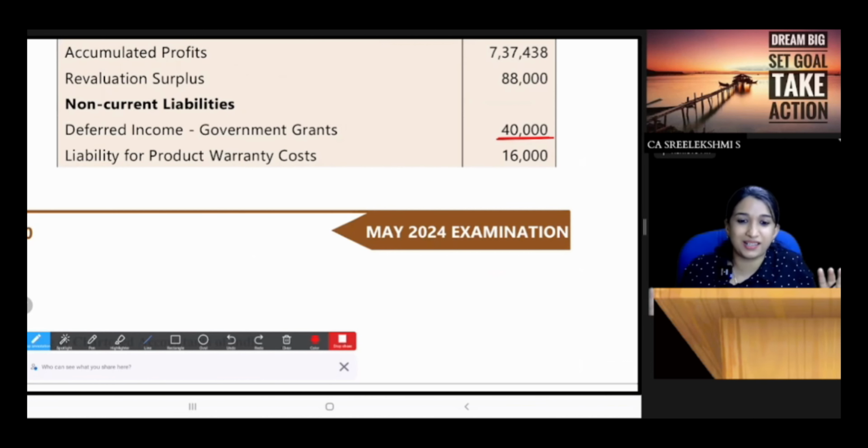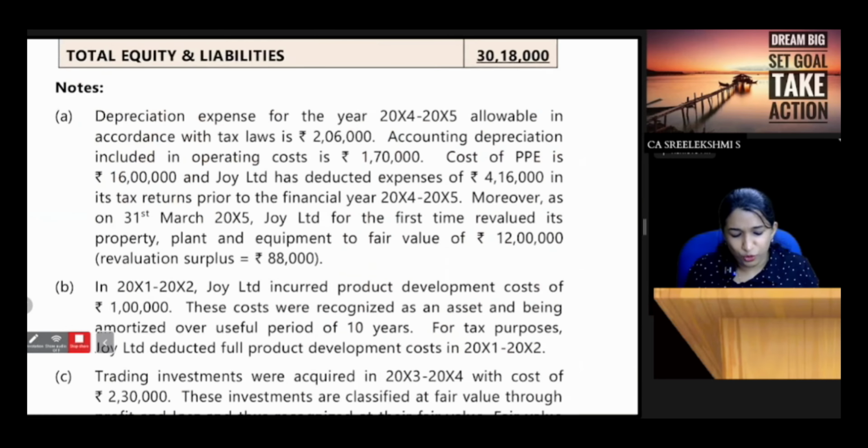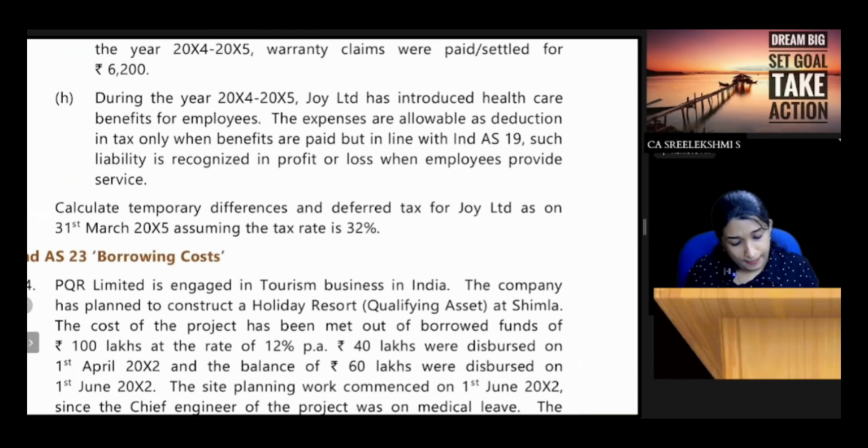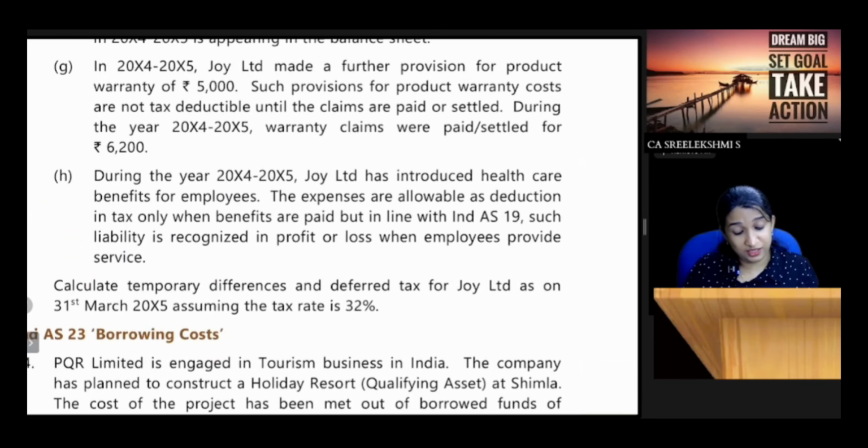This will not be taxable. So do I need to create any deferred tax asset or liability? No. No need to. There is no effect. Future tax liability is not there, future deductions will not be there. Then, 2 more points.